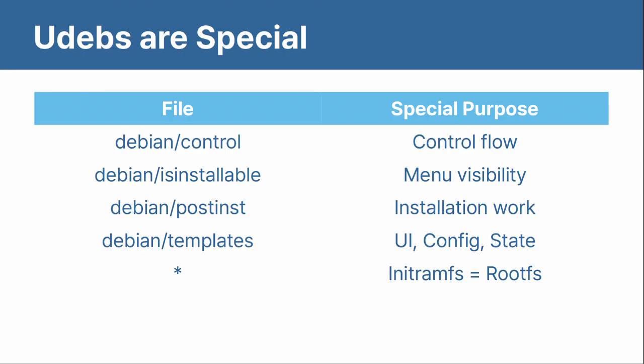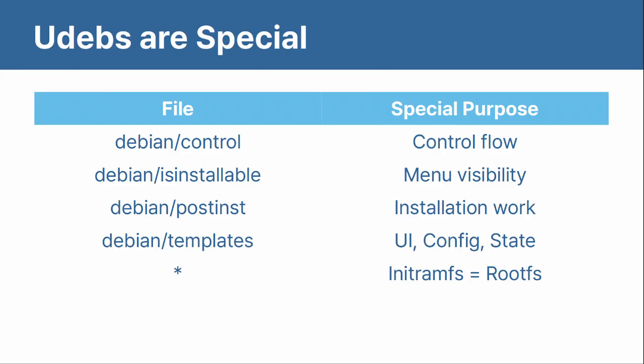The questions are themselves in the Debian templates file, similar to how you would install a package in Debian and sometimes get a configuration screen asking a question. That's the same kind of idea, but it's more complicated on the Debian installer side.